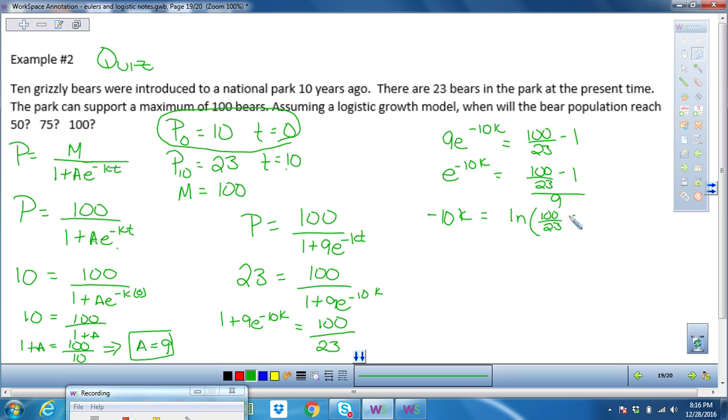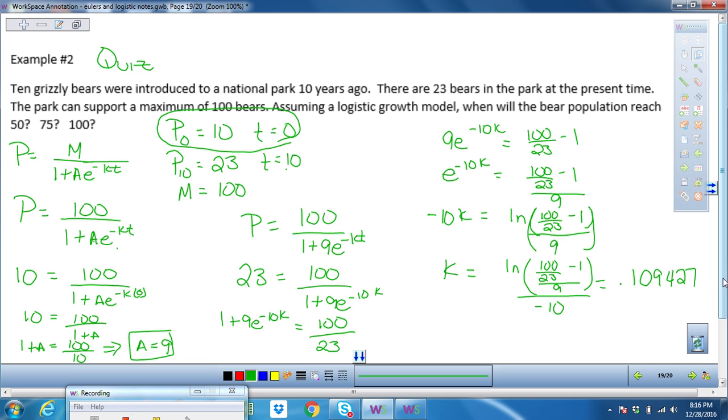And again, you can use your calculator. I don't have a calculator with me right now. This is the natural log of all of this. So K is equal to the natural log of 100 over 23 minus 1 divided by 9 divided by negative 10. And I think that answer is 0.109427.